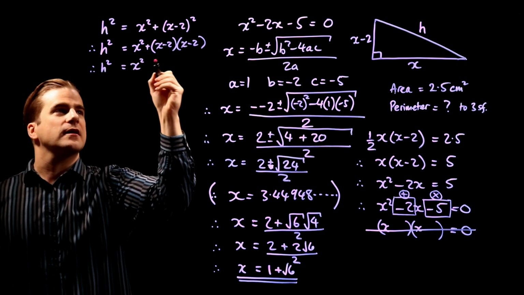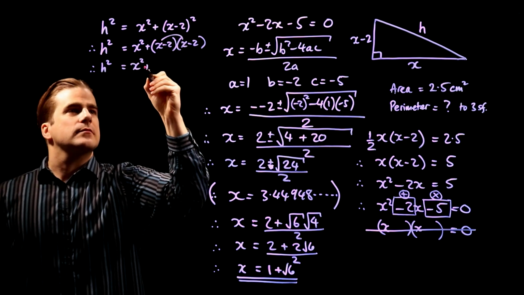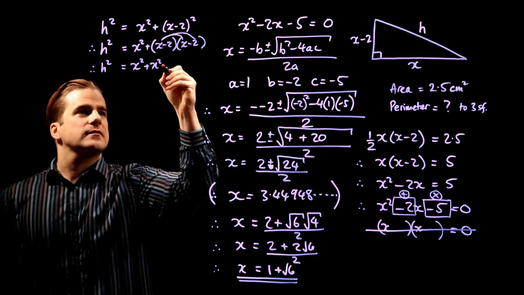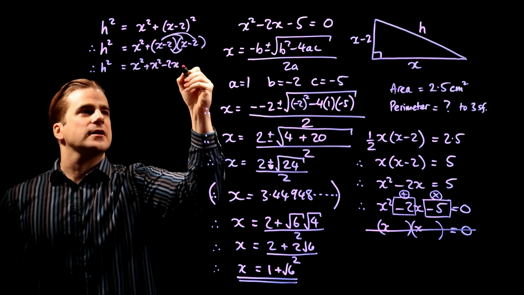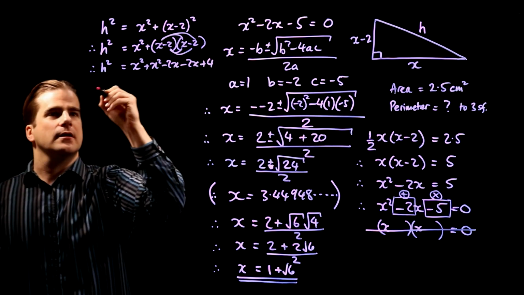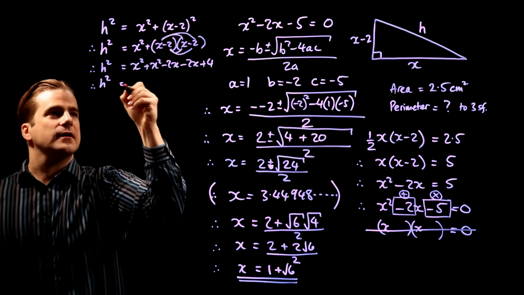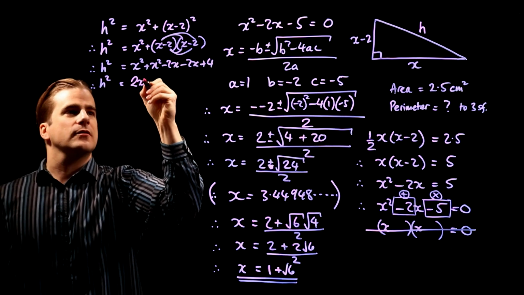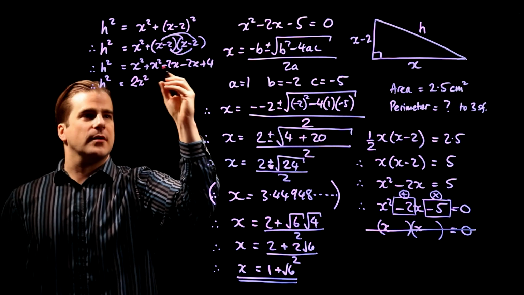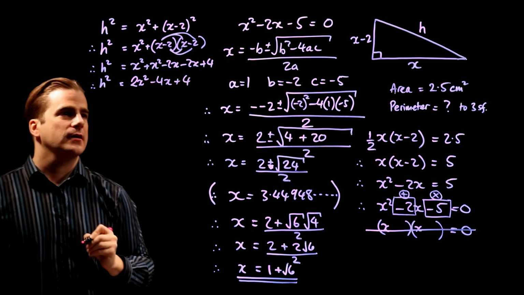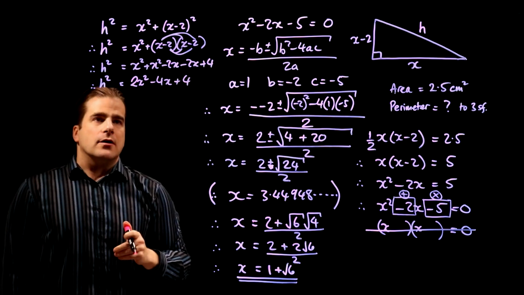So it's x squared plus x squared minus 2x minus 2x plus 4. Therefore, h squared is x squared plus x squared, which is 2x squared, minus 2x minus 2x is minus 4x, plus 4. Good.